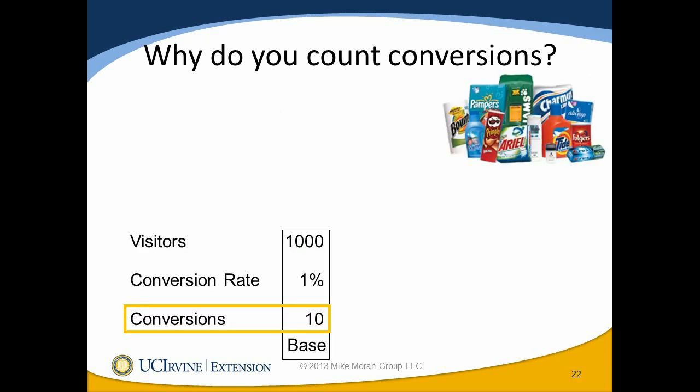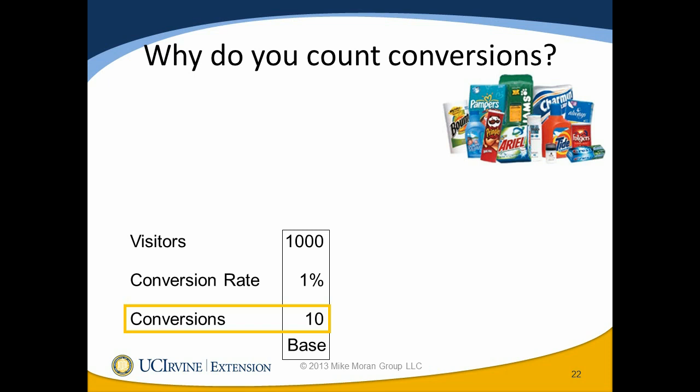So let's look at what the math is. How do you count conversions? How do you get people to do things on your site? If you take a look at how many visitors come to your site, and you know that you have a conversion rate of 1%, it means that you're actually getting 10 people to convert.